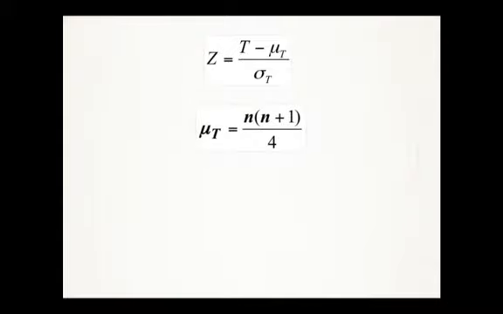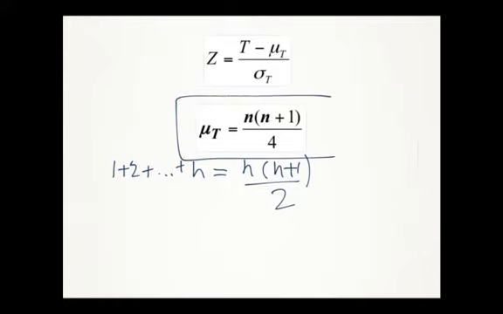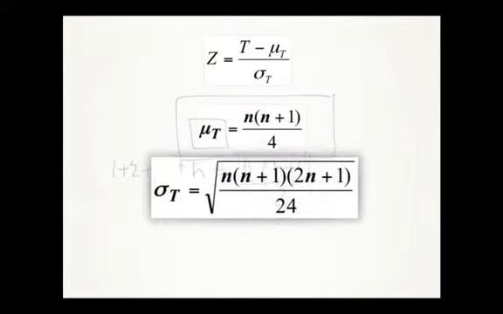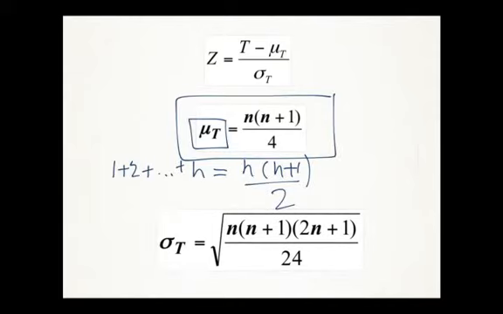Remember we said that 1 plus 2 plus up to n is equal to n times n plus 1 divided by 2. And the reason that mu sub t is divided by 4 is because we expect half of the ranks to be positive and half of them to be negative, and mu sub t is the sum of the positive ranks. And then finally, the formula for the variance is given here.